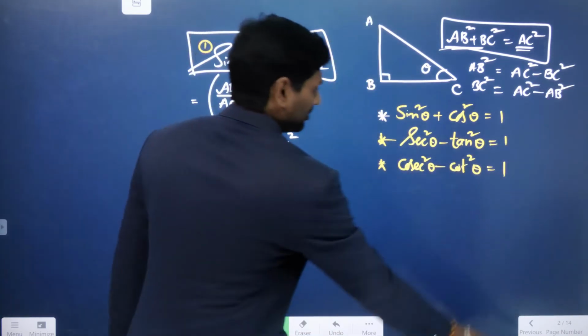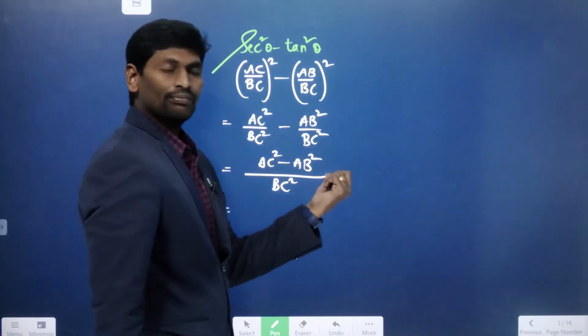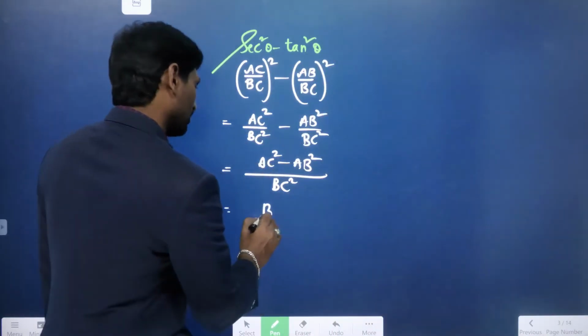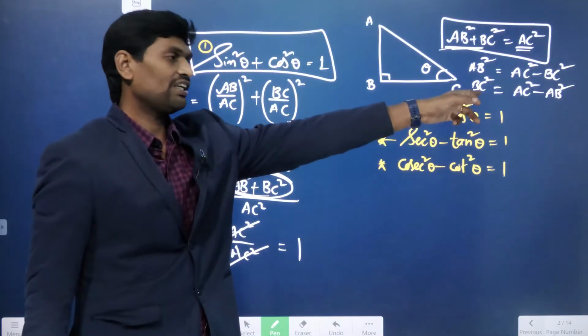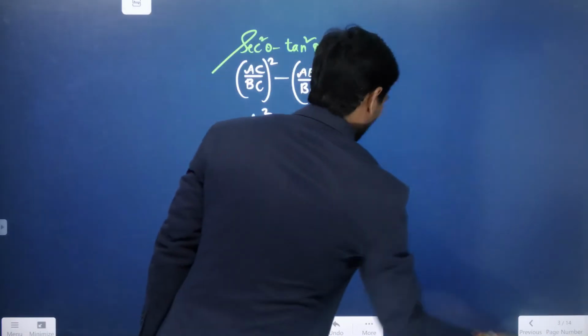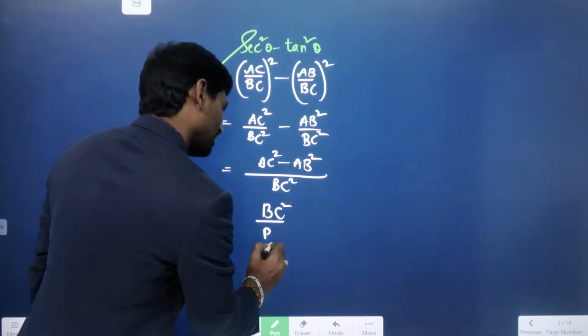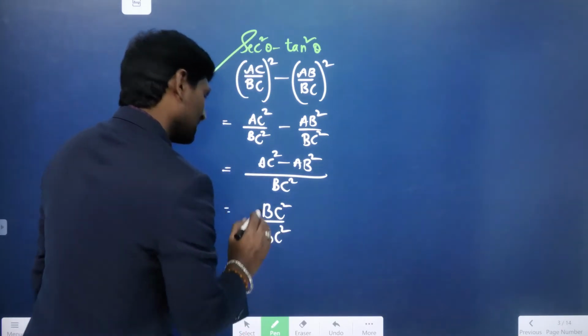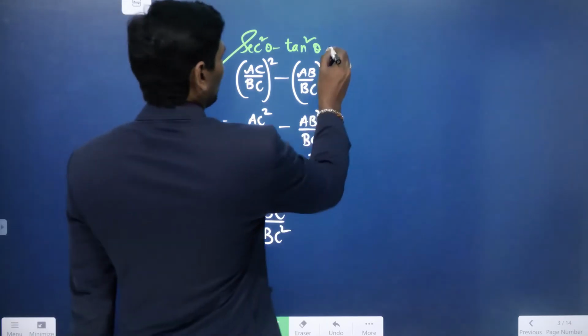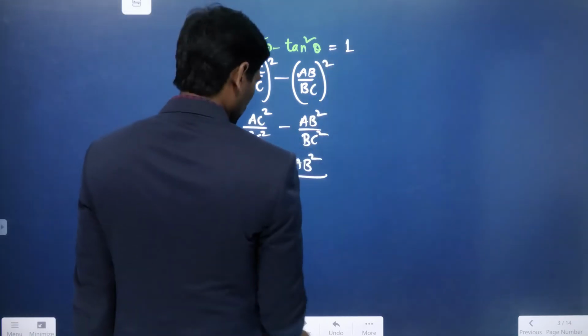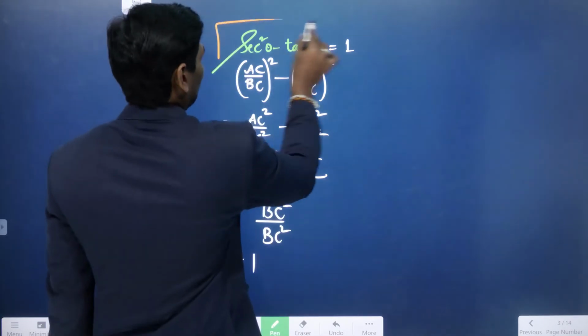Now see here, AC square minus AB square is nothing but BC square only. So BC square by BC square, both are cancelled, answer 1. So secant square theta minus tan square theta is also 1.